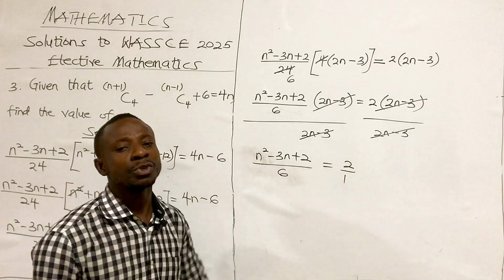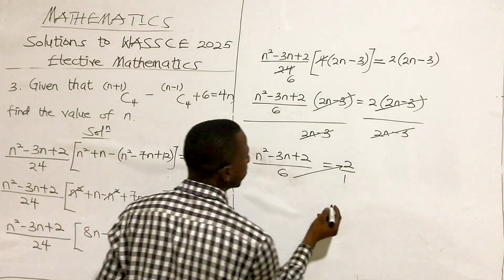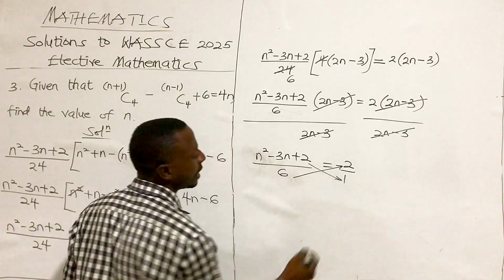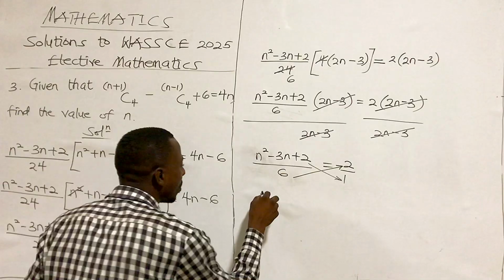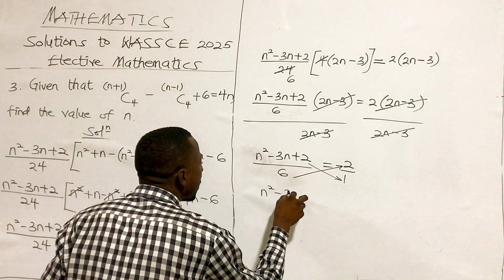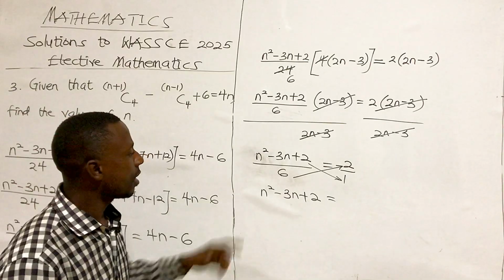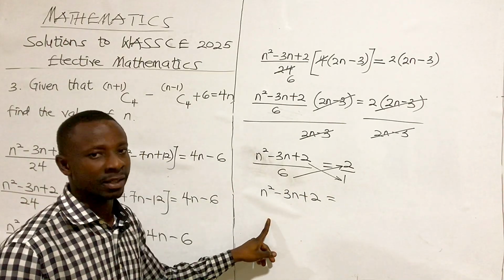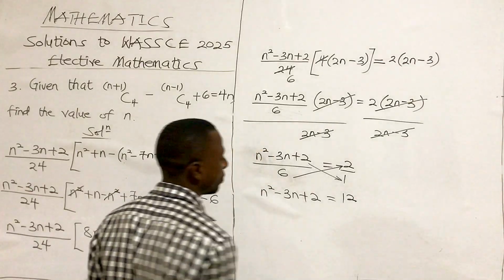So from here we are going to cross multiply. 6 is multiplying the 2, then the quadratic is also multiplying the 1. Everything here times 1, we still have n squared minus 3n plus 2. Then 6 times 2, we have 12.